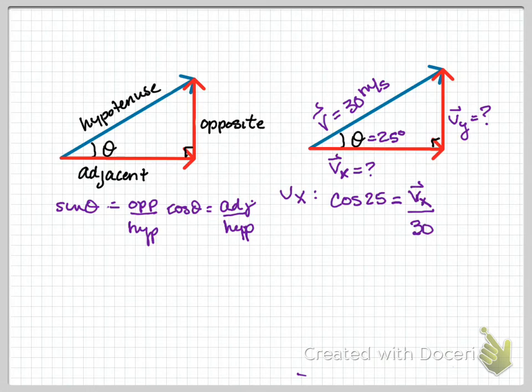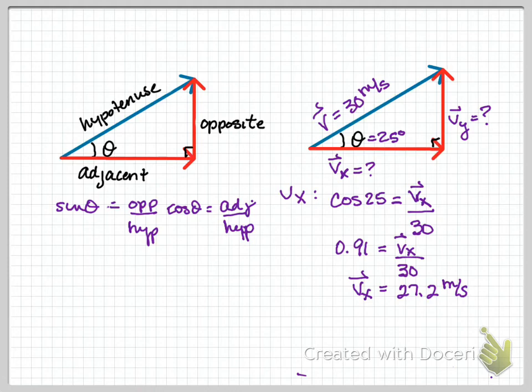And the cosine of 25, you want your calculator in degree mode, 0.91 is equal to Vx over 30. So Vx is equal to 27.2 meters per second.